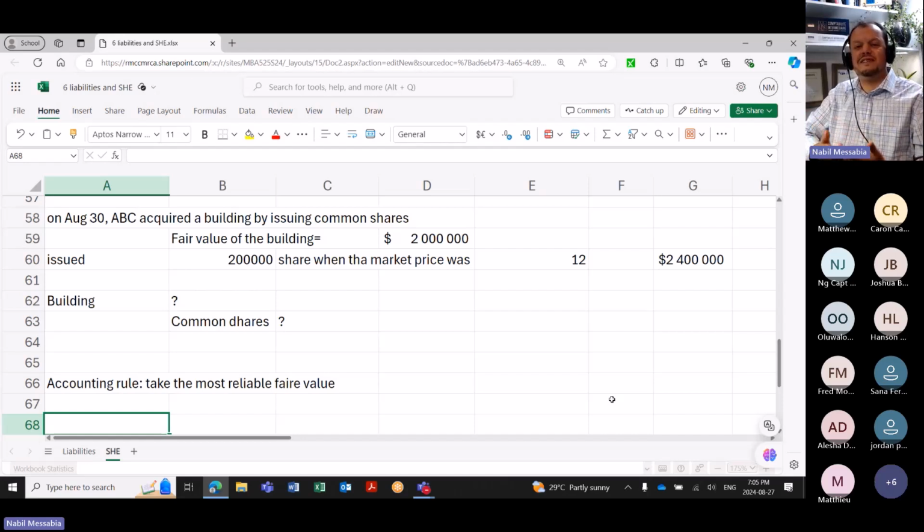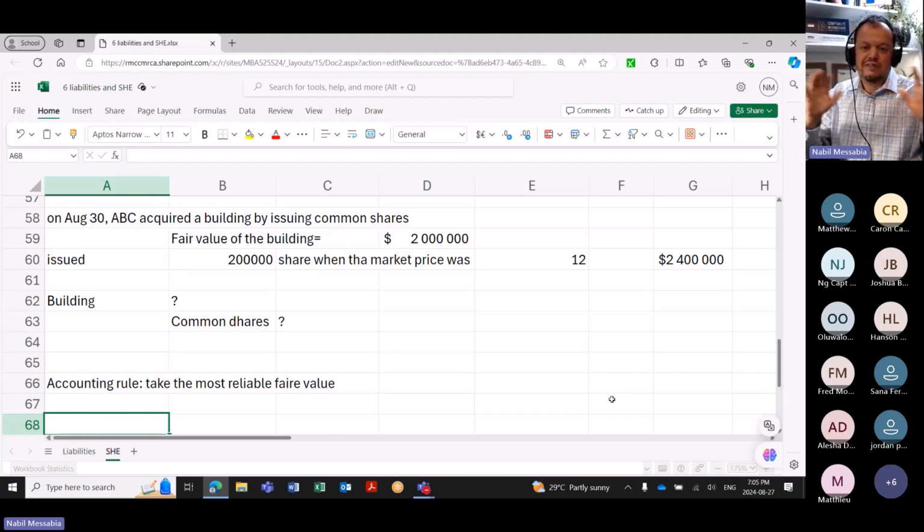According to which one is more reliable? Doesn't take all of this time of thinking. The one from the market? For sure, always. Whenever the market is questioned, the market is always the most accurate, the best fair value.